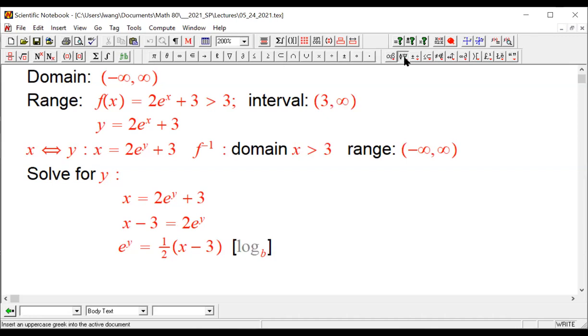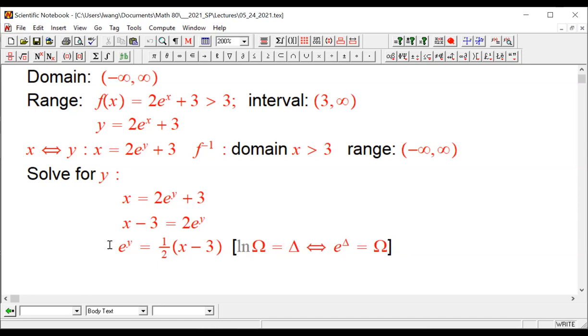So this is omega, and that equals triangle if and only if e raised to the power of triangle is equal to omega. Because the base is e, I'm not going to specify the base anymore because I have to immediately change it to e. And this is ln.